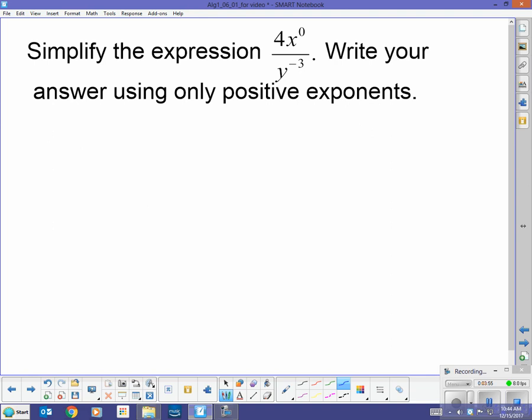Here we have a big expression, 4x to the 0 over y to the power of negative 3. And it says, write this using only positive exponents. Okay, well, 4 is going to stay the same because there's no exponent affecting 4. x to the 0 is just 1.